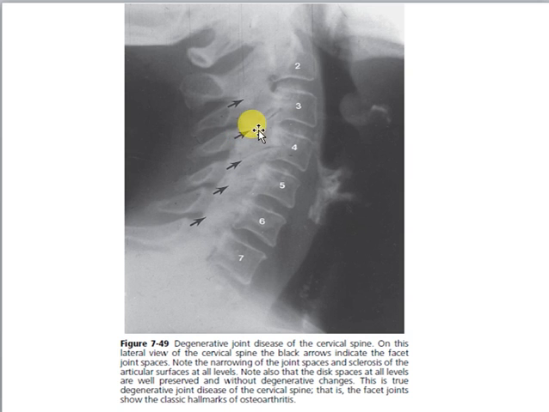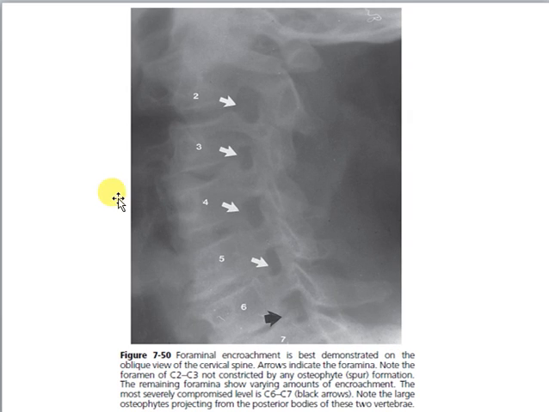Over here in this radiograph, you are looking at the degenerative disc disease or degeneration of the cervical spine, especially in the upper region and the facets. This fine thin line in front of the arrowheads is visible over the lower cervical spine, but it is not visible in the upper cervical spine.